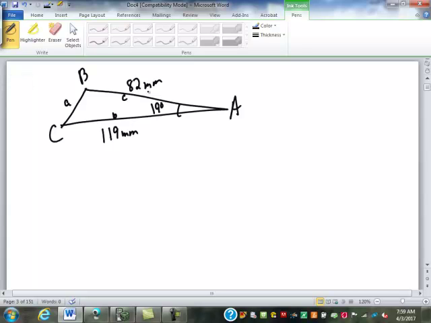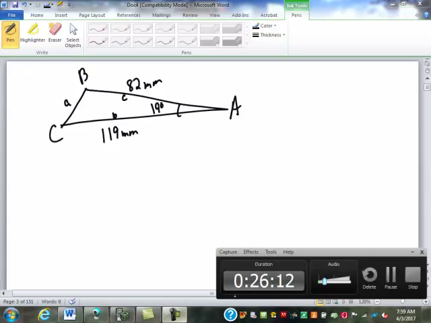Find the missing side and the two missing angles for this triangle. I'll give you a couple minutes, then we'll come back to it.